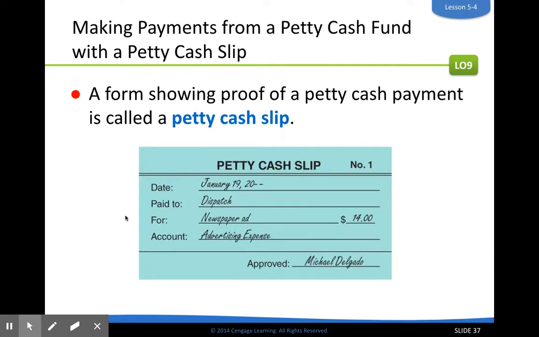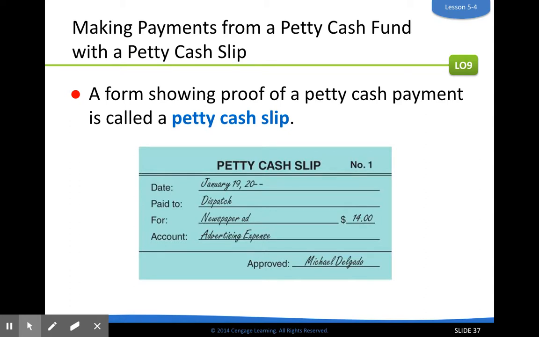At the end of every month, you're going to go through these petty cash slips. Every time we use petty cash, we fill out a petty cash slip, starting with the date, then who we paid it to and what it was for, and the account that it would have gone in.